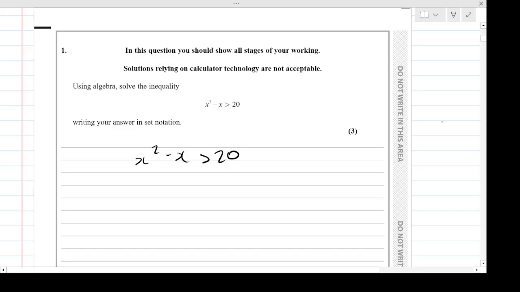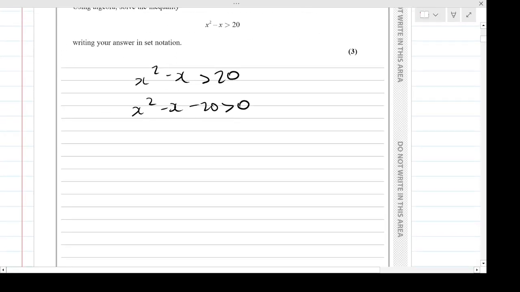So this is just a standard quadratic inequality. If we move the 20 to the left, x squared minus x minus 20 is greater than 0. At that point we sketch this quadratic. Firstly we're interested in the critical values, and that is basically the solutions when we solve the equation, if we set it to 0.